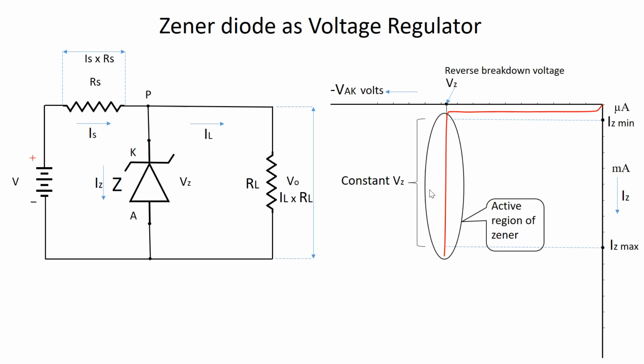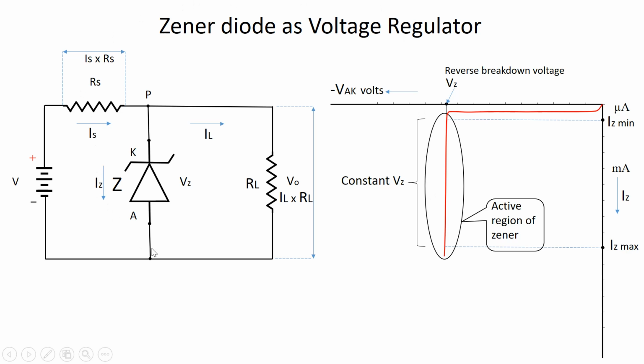A voltage regulator is a circuit which maintains the constant output voltage across its load terminals, irrespective of the fluctuations or changes in its supply voltage and fluctuations and changes in the load resistance also. This characteristic of maintaining a constant output voltage across the load resistance is called voltage regulation.